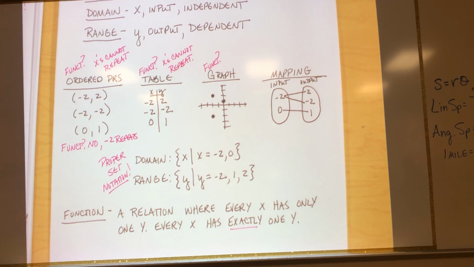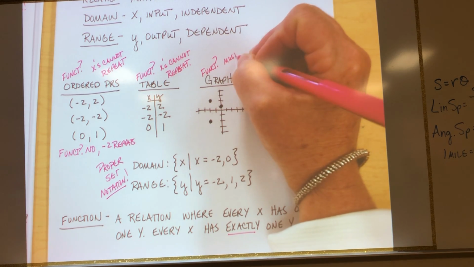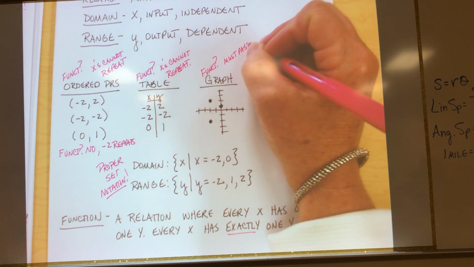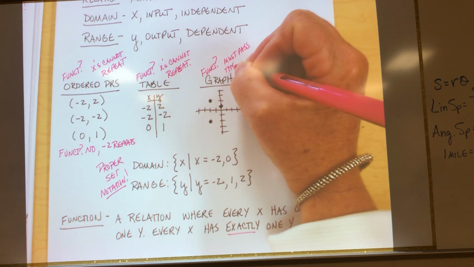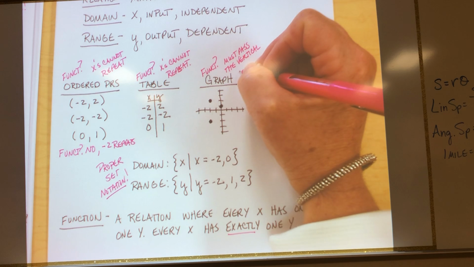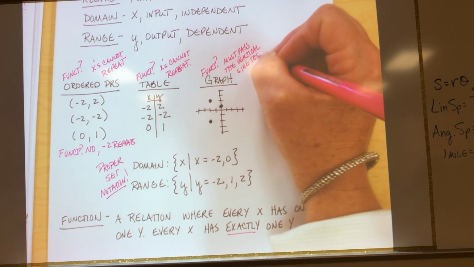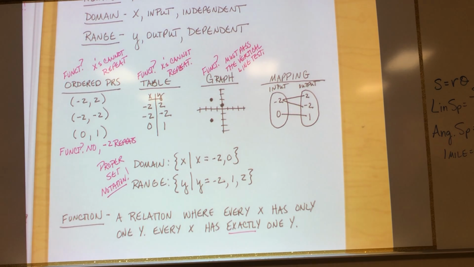No straight lines, no verticals. Okay, so on a graph, it must pass, what's that called? Yes, the vertical line test. Okay, the vertical line test.